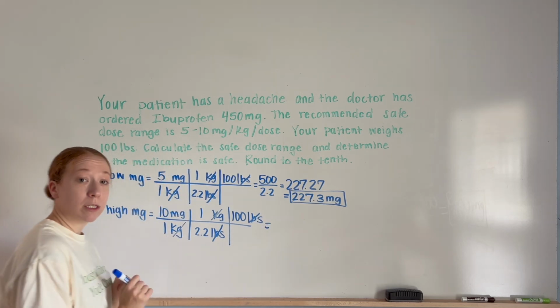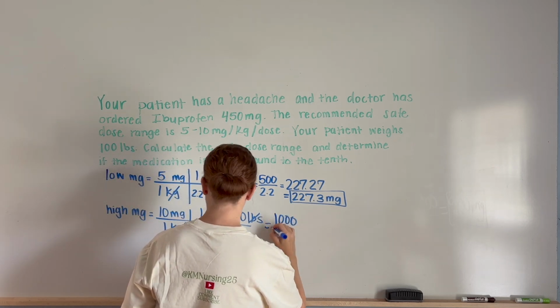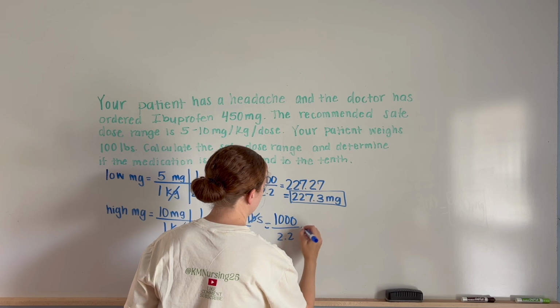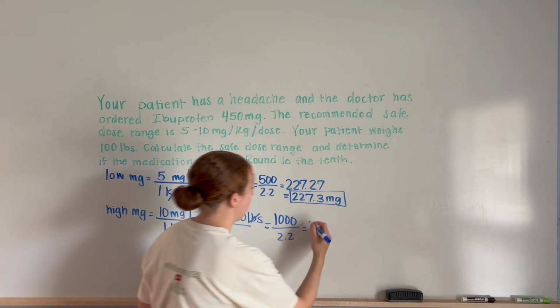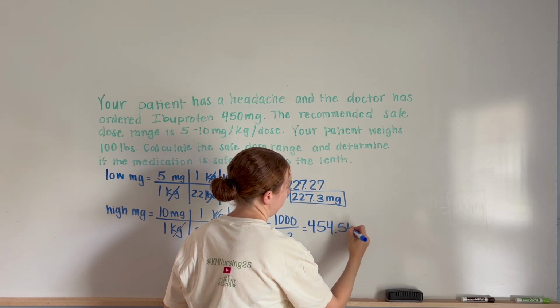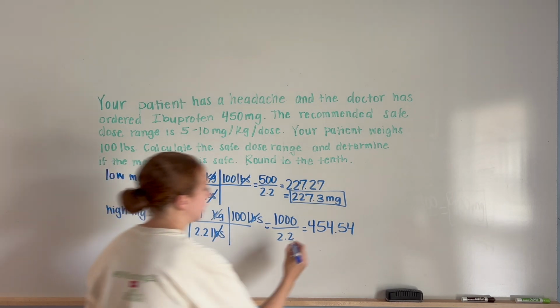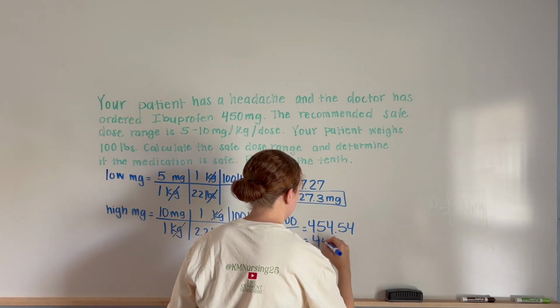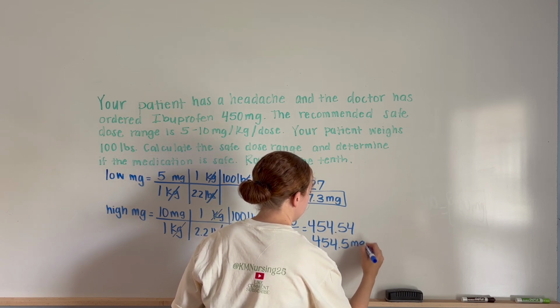So I'm ready to multiply. 10 times 100 is 1,000, divided by 2.2. So 1,000 divided by 2.2 gives me 454.54. Again, I'm going to round to the 10th, so that's going to give me 454.5 milligrams.